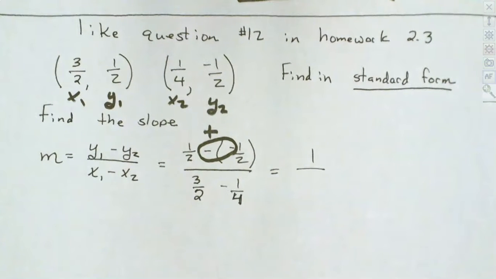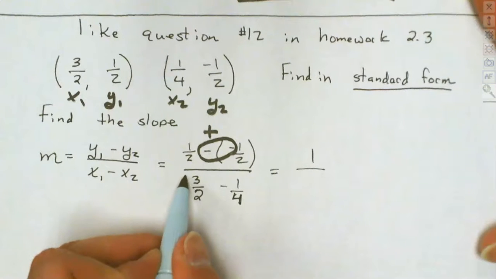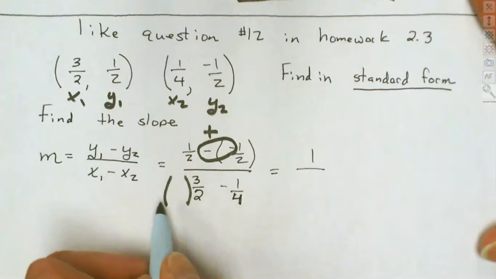Now, what about down below? Well, down below, what we need to do is clear out our fractions or work with them. So we're going to try to work with them first, and then we'll use the reciprocal and get our slope. So I want to take 3/2 minus 1/4. Well, we need to put them together, so I'm going to use a 2/2 here.